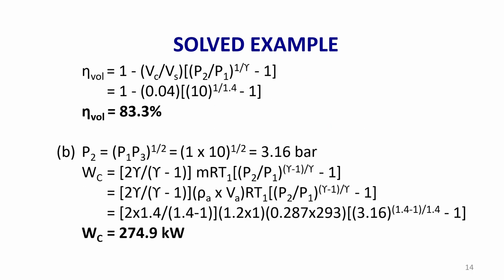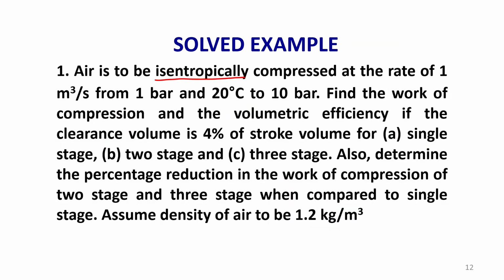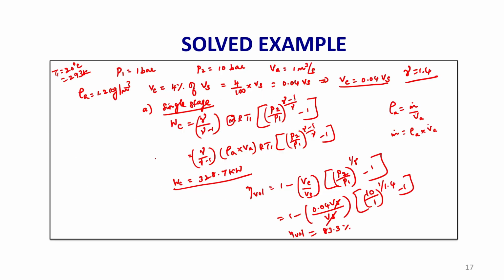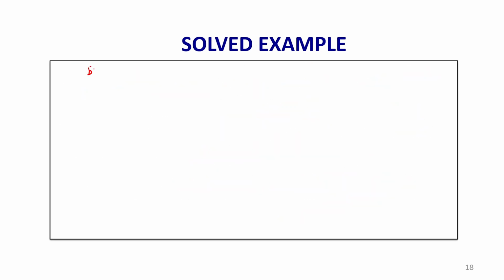Now for the second one, we have to do a similar calculation for 2 stage. First I am going to find the intermediate pressure. The intermediate pressure P2, which we have already derived, is the square root of the suction pressure in the first stage into the discharge pressure in the second stage.